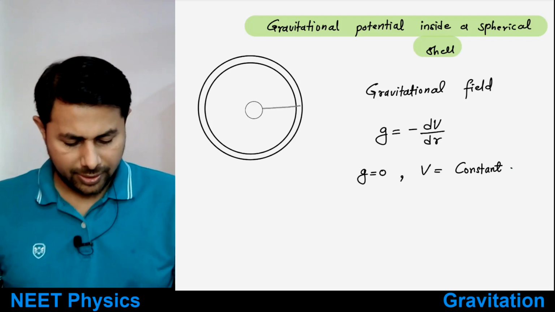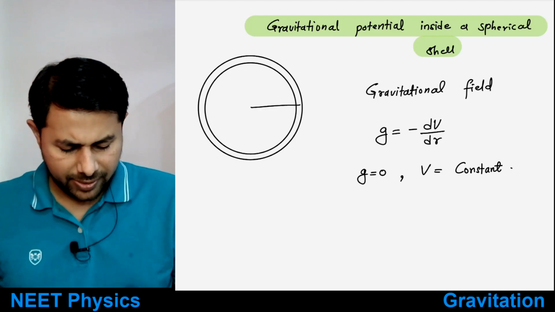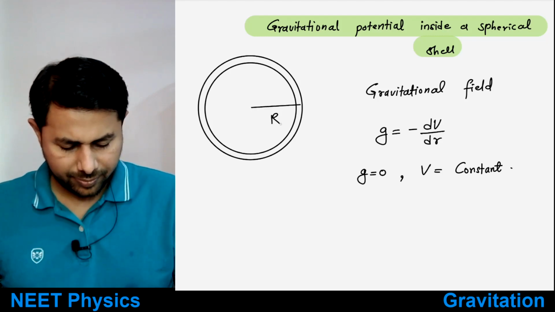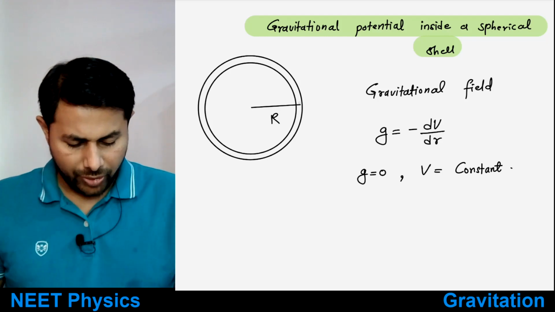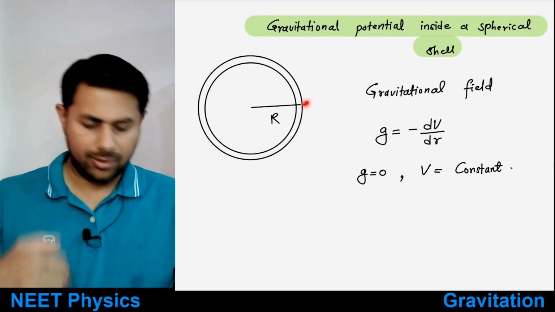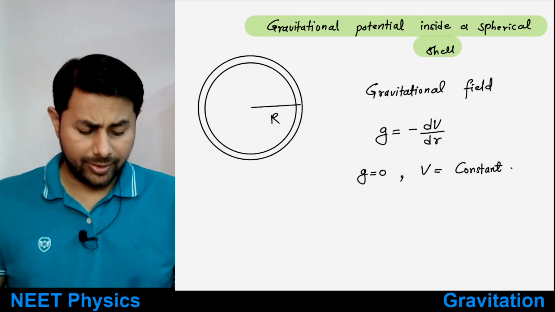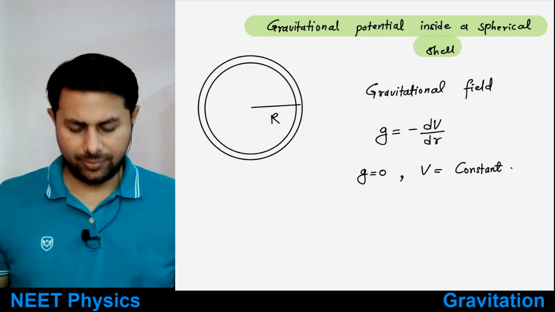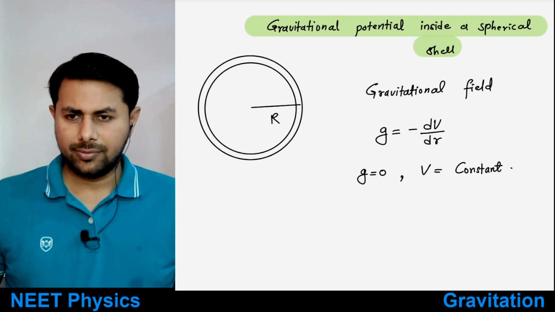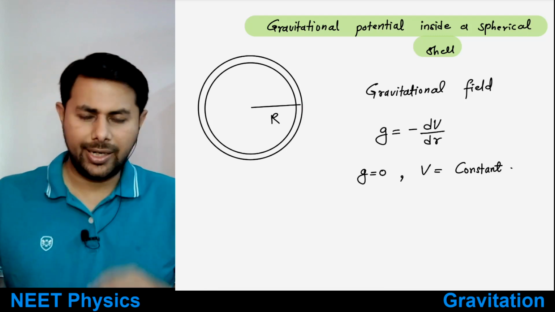So suppose radius of this shell is R. Okay, what would be gravitational potential at a point on the surface of the shell or any outside point?